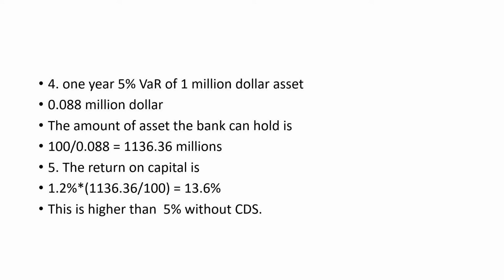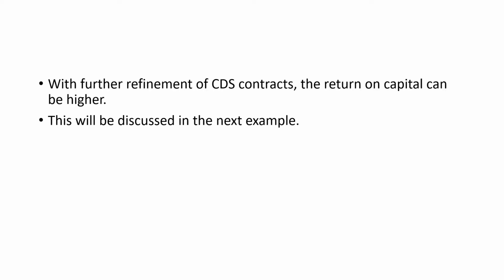The result is 13.6%. This is higher than 5% return without CDS contract. With further refinement of CDS contracts, the return on capital can be higher. This will be discussed in the next example.